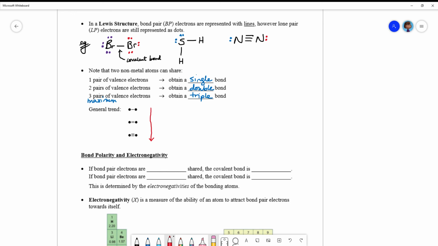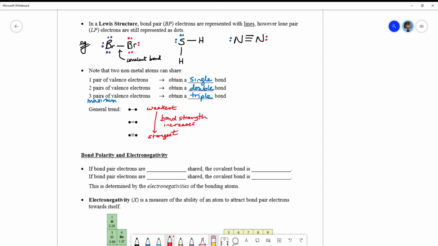So I'm going to say we're going here from weakest to strongest. In other words, bond strength is increasing, going from single to double to triple.